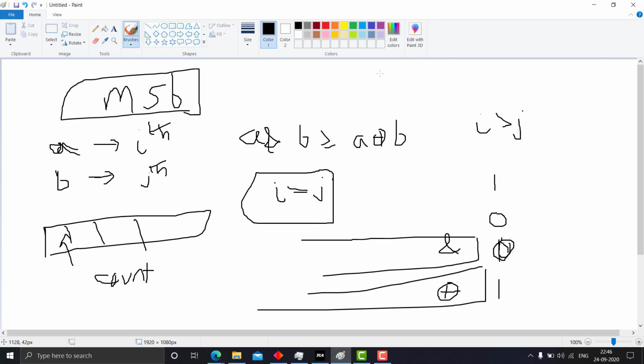Because suppose there are 4 numbers with the same MSB: I can choose i as the last one and j as 1, 2, 3, plus i as the next one and j as 1, 2, plus i as the next and j as 1. That is 1 plus 2 plus 3, which is count times count minus 1 by 2. I hope you understood the question.